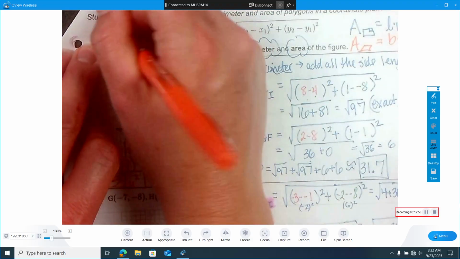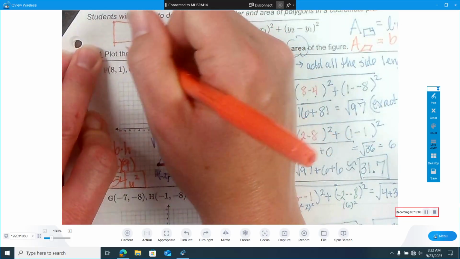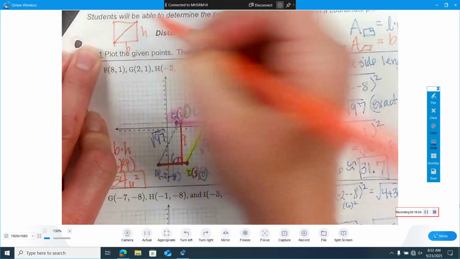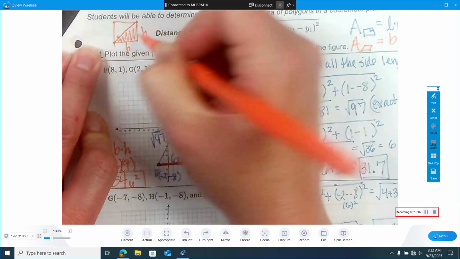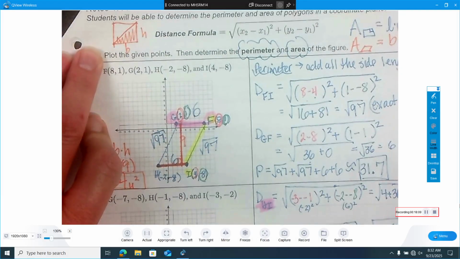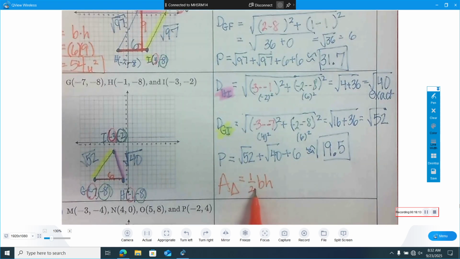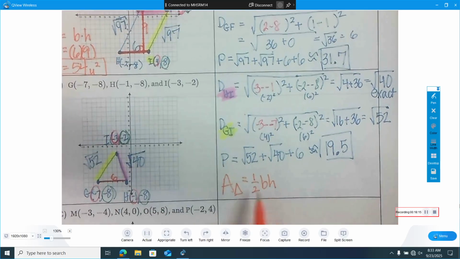If you take a triangle or a rectangle, we can find the area of that rectangle as base times height. A triangle, just right there it is, it just cuts it in half, all right? And so there's a half in front when we find the area of a triangle. It's 1/2 base times height.